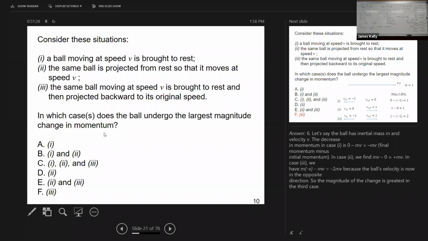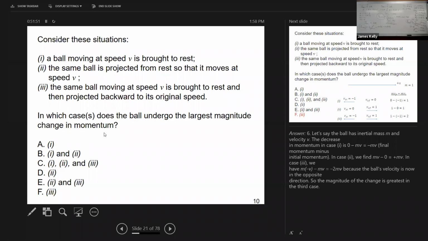A lot of people will choose either 1 or 2 because they think, in choice 3, it has the same velocity in the initial and final state because you got it up to the same speed again, and therefore the change in mass times velocity is going to be 0.